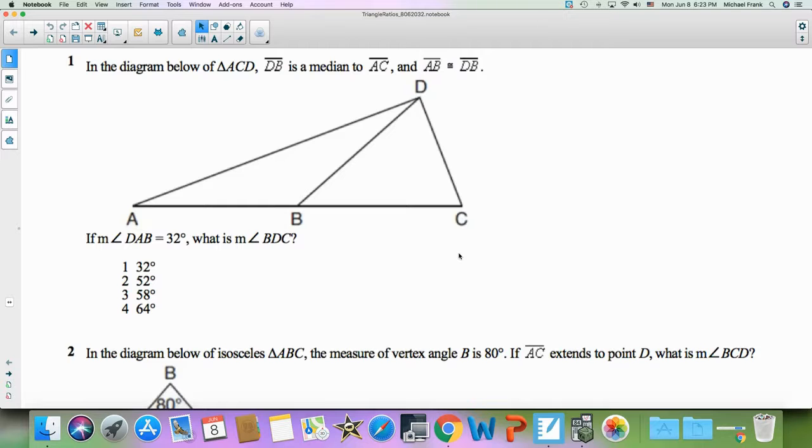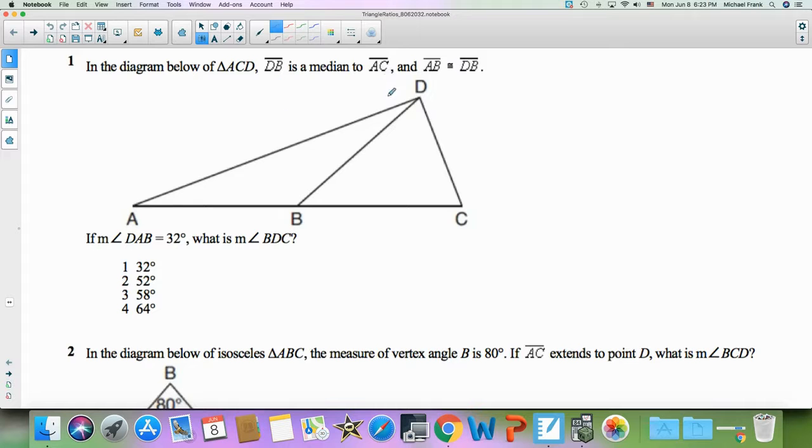Number one, in the diagram below of triangle ACD, DB is a median to AC. And that means that AB is congruent to BD. So let's see what that tells us.